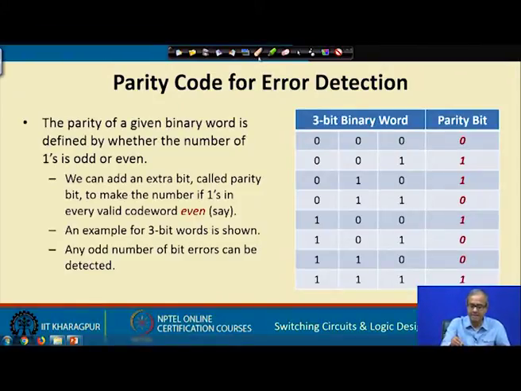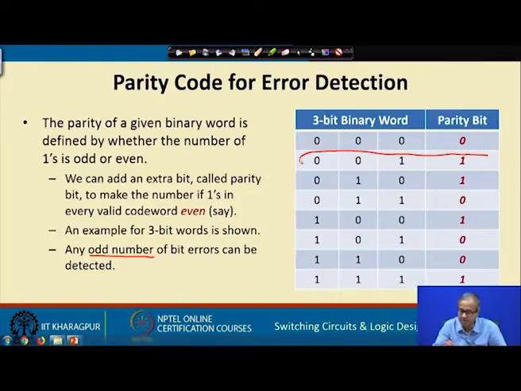Now, once you add the parity bits, what is the advantage you gain? You see that any odd number of errors will be detected. Why? Because now my code word will consist of not only my data, but also the parity, the whole thing. And we know that the number of ones is even. Now, any odd number of errors, which means single error, 3 errors, for larger number 5, 7, 9, will convert it into a code where the number of ones will become odd.